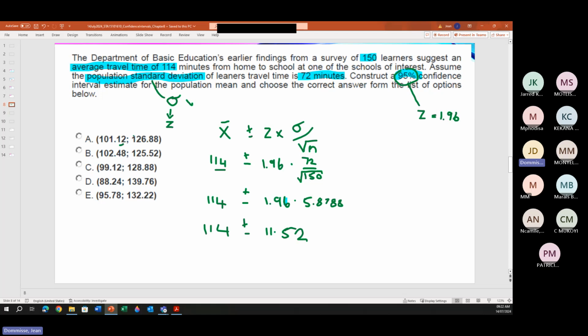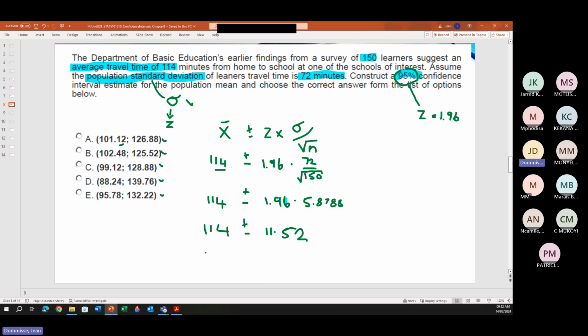So I'm just checking, yes, it seems like 114 can be in the middle for all of these. I just do that sometimes, because some of your options are not like that. So unfortunately, none I could eliminate.